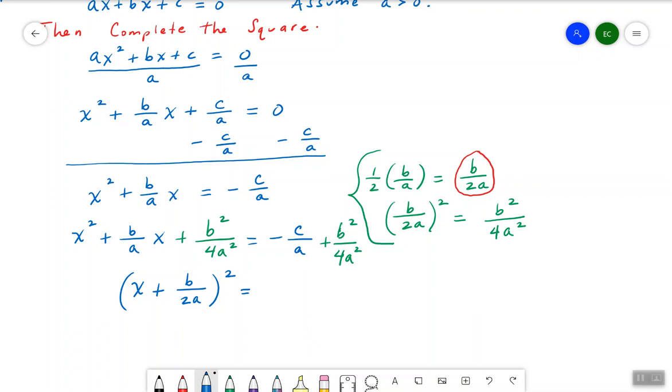Okay. And then on the other side, we just need to add these fractions. We need a common factor. Excuse me, we need a common denominator. And so if we have an a here and a 4a squared here, our least common denominator would be 4a squared. And so the 4a squared in the second fraction is fine. In order to get 4a squared in the first fraction, we need to multiply it by 4a.